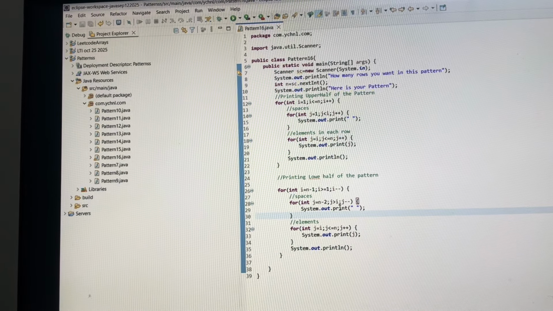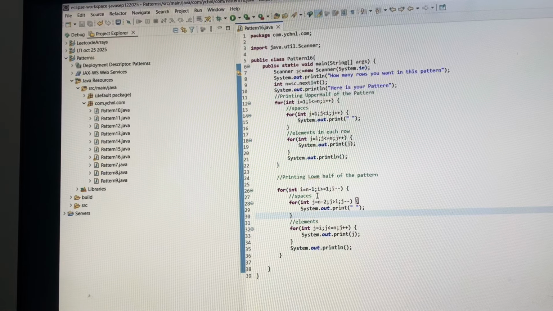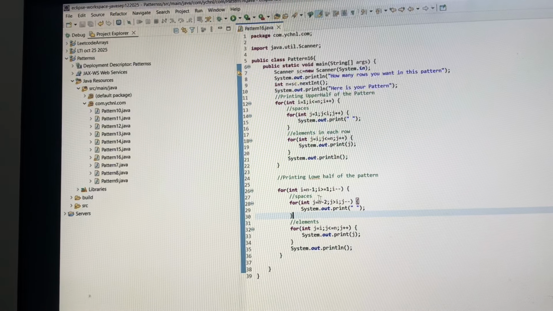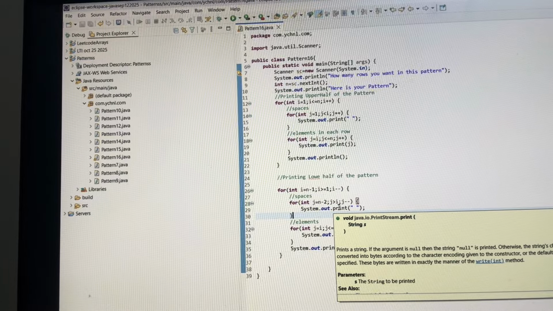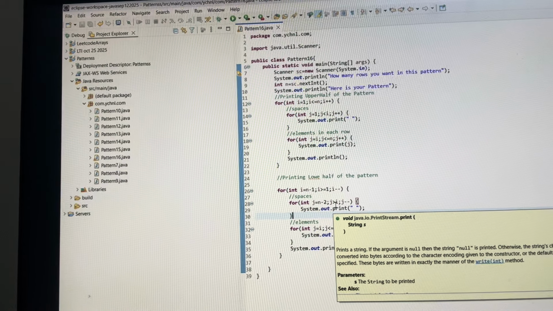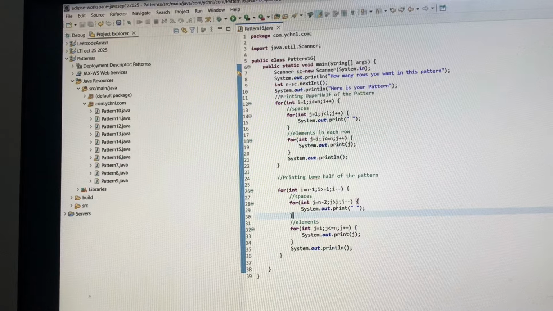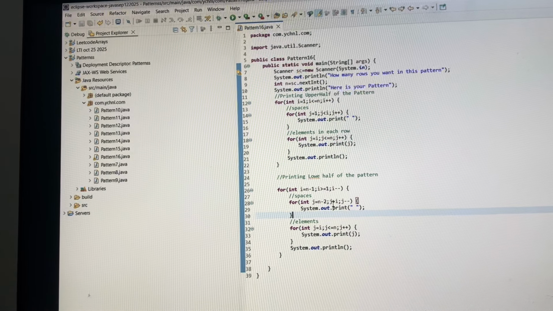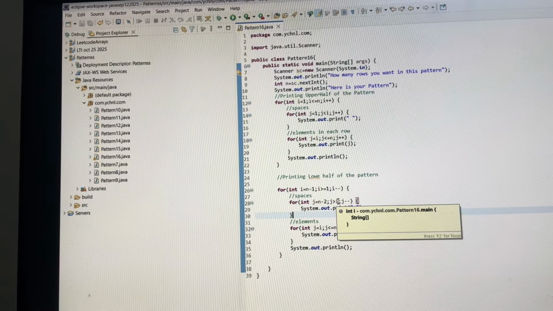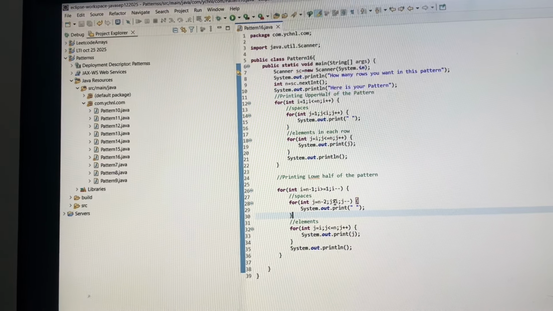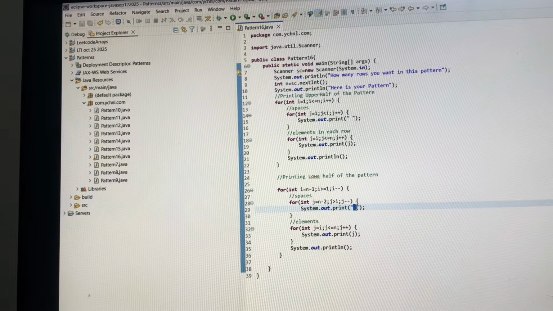So here 5 will become 5 greater than, what is the i value? 6. 5 greater than 6. Is that condition true? 5 greater than 6, this condition is false. That's why it is not printing any space.